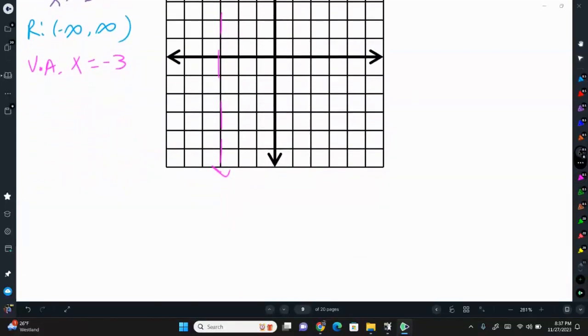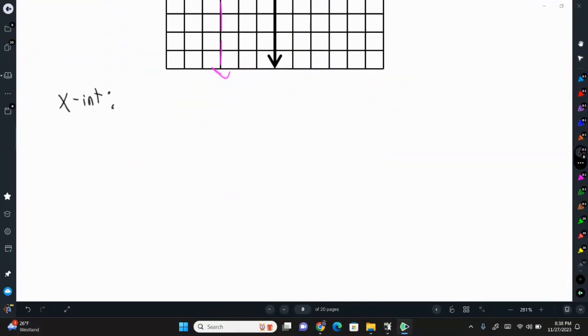All right, now we can find our x-intercept. So for our x-intercept, we're going to set this equal to 0. So 2 times log base 4 of 6 plus 2x minus 4 is equal to 0. Now we have to get the log by itself. In order to do that, we're going to add 4 to both sides.